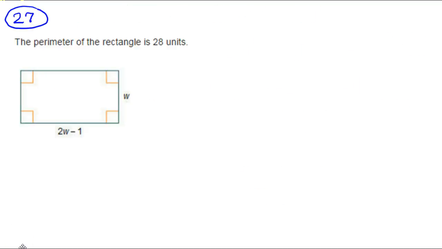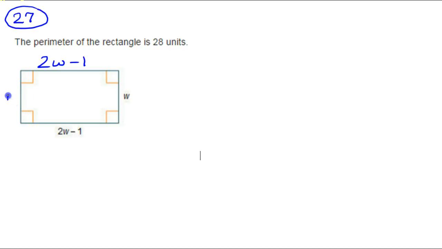Alright, the perimeter of the rectangle is 28. And they want us to find W. So, well, the perimeter is the sum of all the sides. So if this is 2W minus 1, you know that this is not 3 anything. This is also 2W minus 1.